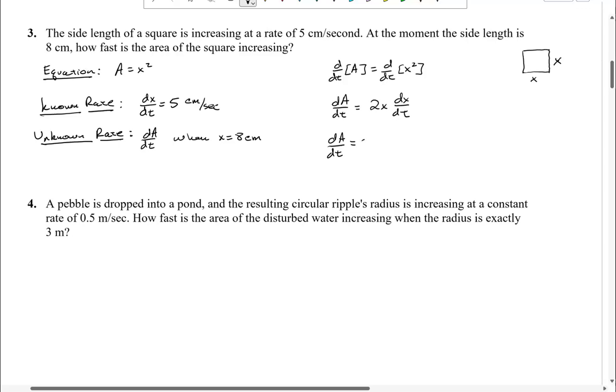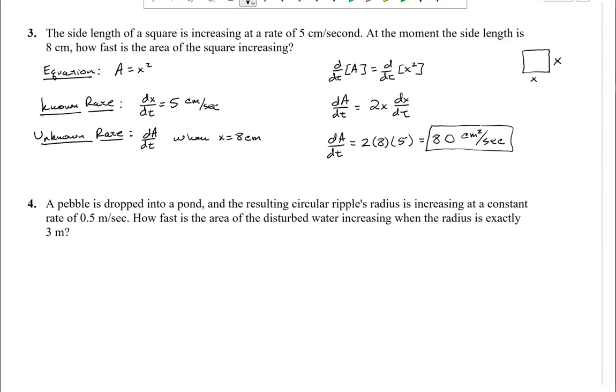So dA/dt is equal to 2 times 8, dx/dt is 5, and that will give us 80. And this is a rate of change in area, so that's centimeters squared per second. Pause the video, do number 4.